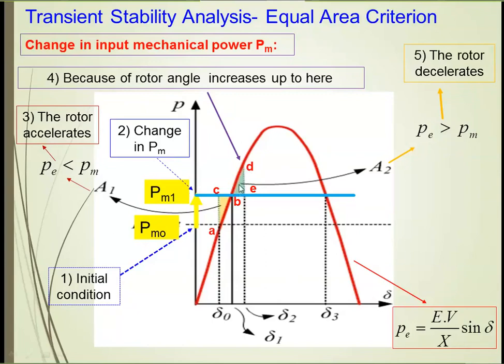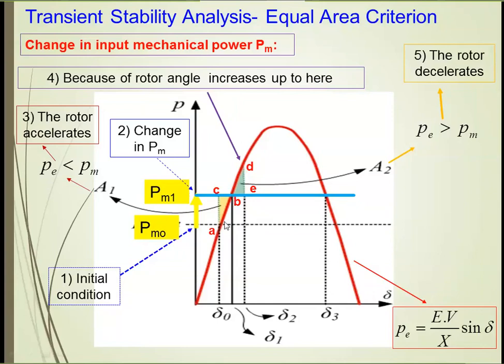So if the rotor continues to increase up to the angle delta 2, where it has all its energy released, because in this region you had the energy stored because of acceleration, and in this region it will decelerate, and whatever energy was stored gets released, then it will come back over here because mechanical power is constant here.